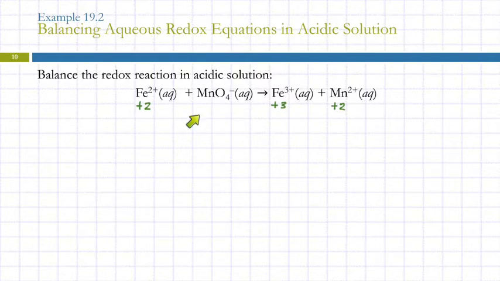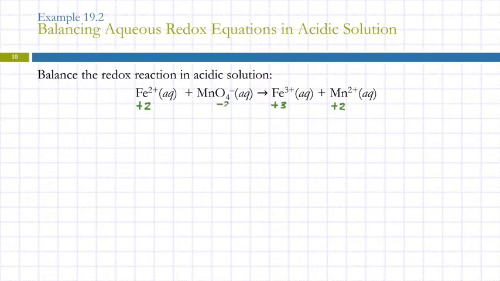So this is a polyatomic ion. It overall has a -1 charge. That means that the oxidation states of the 4 oxygens and the 1 manganese have to add up to -1. We don't know what manganese is doing here, but we know what oxygen wants to be. Oxygen wants to be -2.